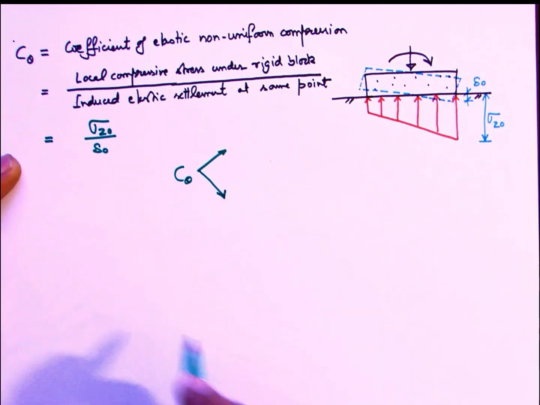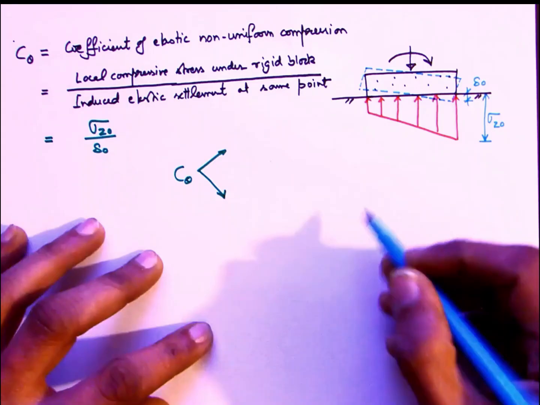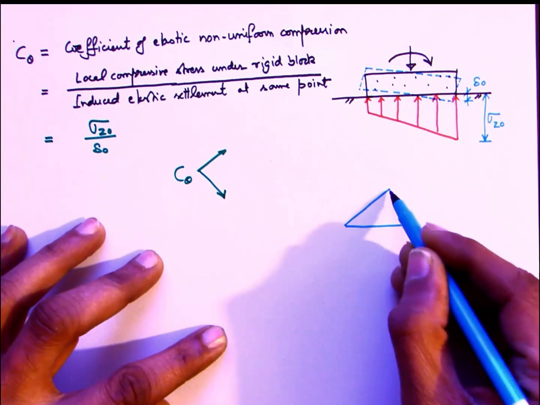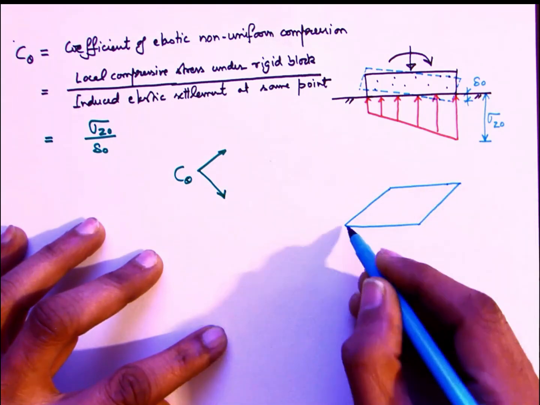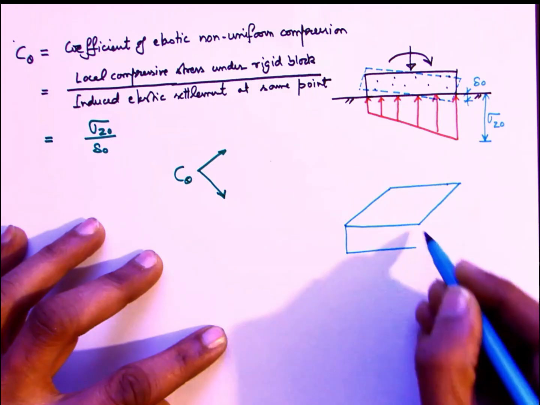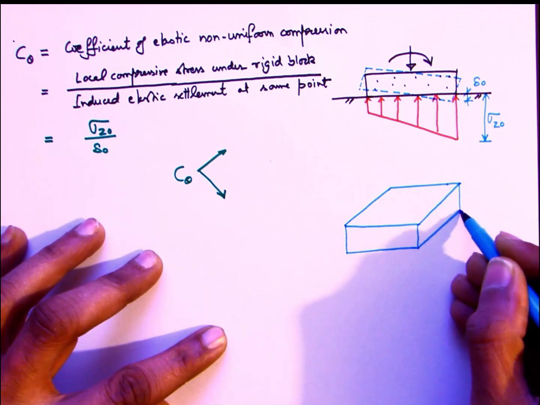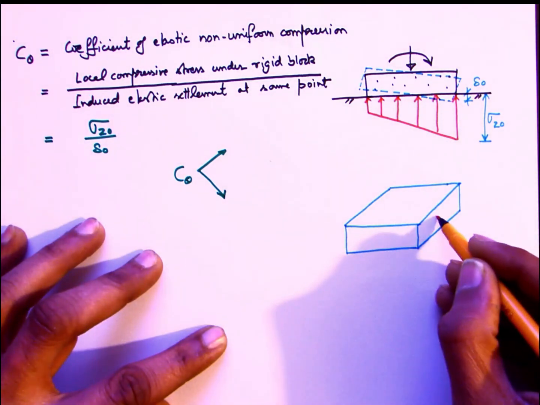Now, depending on whether the vibrations are about the y-axis or x-axis, we have two types of elastic constant C theta. It could be C theta x or it could be C theta y. For example, here we are showing two possible scenarios.